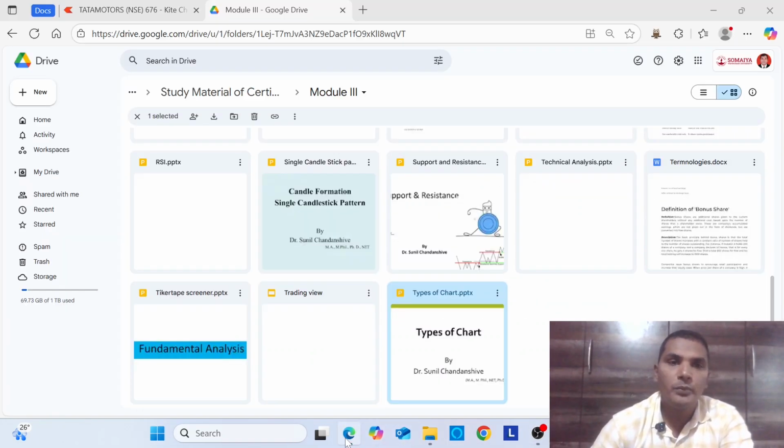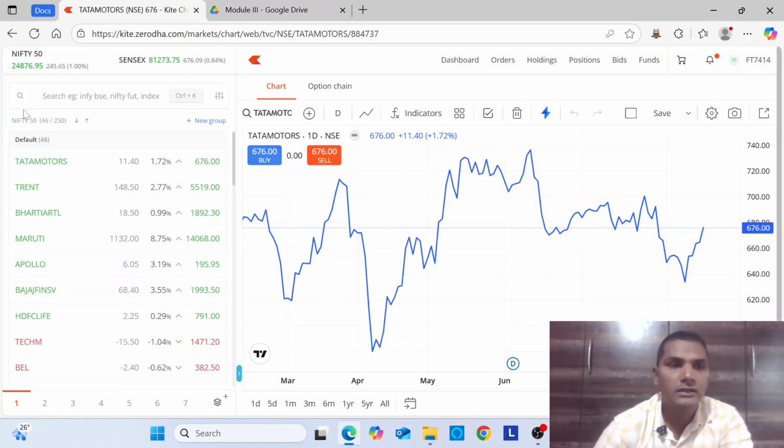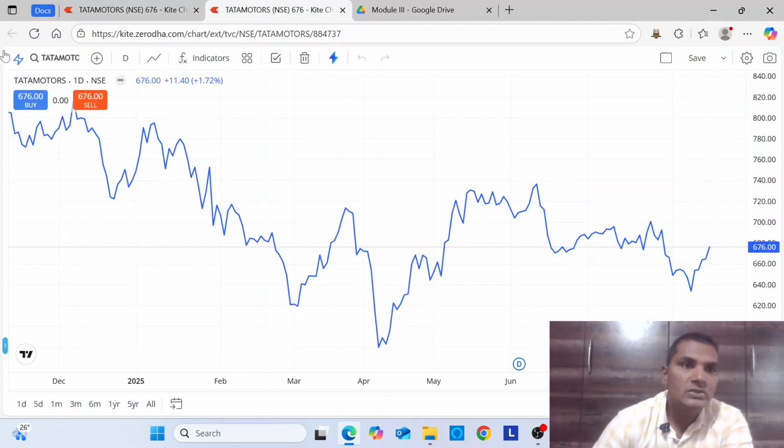I'm going to open one of the important stocks, that is Tata Motors, on a large screen. Here you can see multiple options.